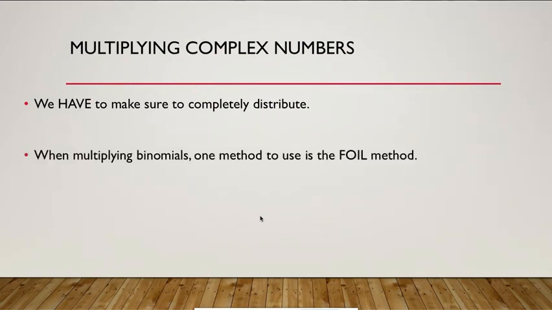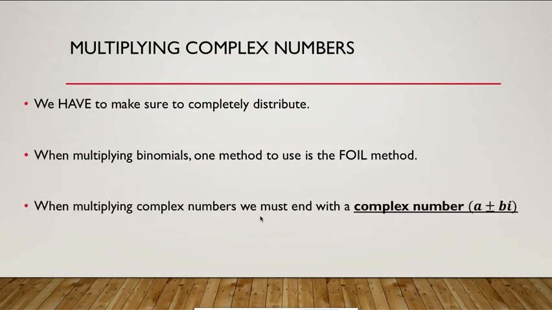When multiplying by binomials, one method we can use is the FOIL method. Remember, FOIL isn't the only way to do it. It's just a method we use to make sure that we are fully distributing one binomial to another binomial.